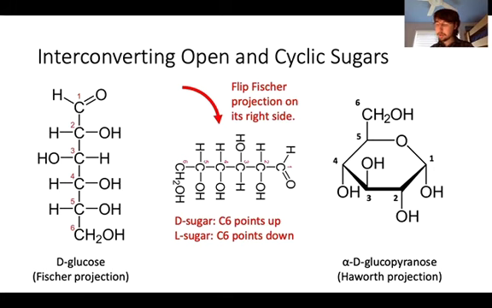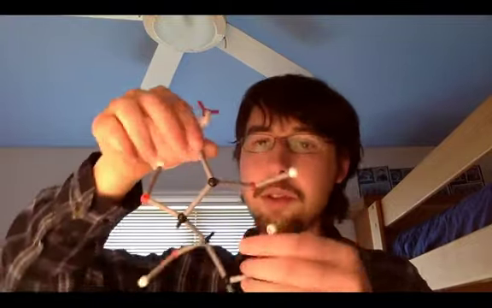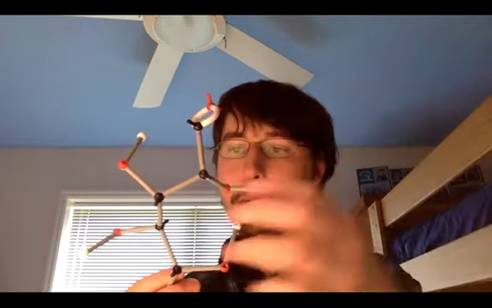or where this rule comes from, then I'll show you using this model of D-glucose, the same molecule that I'm depicting here on this slide. So in D-glucose, of course, it's an aldose, so we have this aldehyde group up here, and this becomes carbon 1.